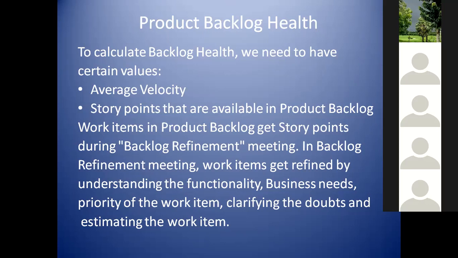What will you plan for your sprint? If you are always saying, okay, this week I'll refine, next week I'll take it into sprint execution, if that is the flow, you always have a risk. By chance, if you are unable to have a refinement meeting, you may not have a defined set of work items for your upcoming sprint. So you should be really careful in managing the health of the product backlog.